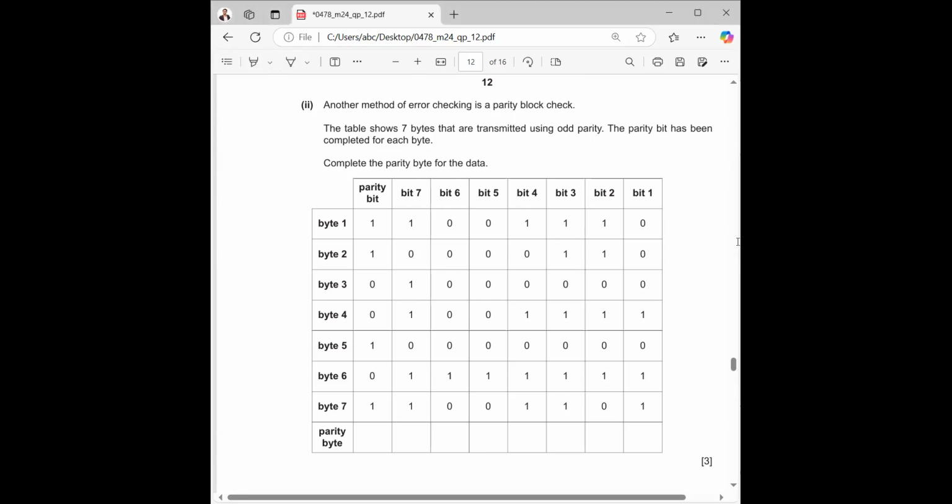So I need to complete it. It uses an odd parity, so I count the ones in each byte and set the parity bit so the total is odd.